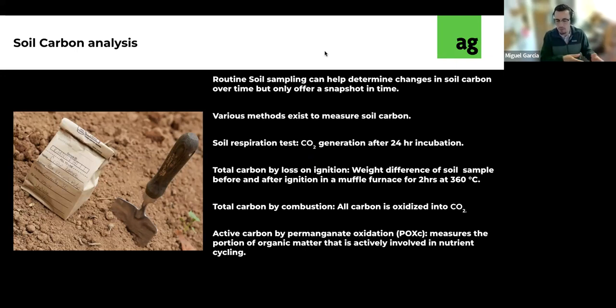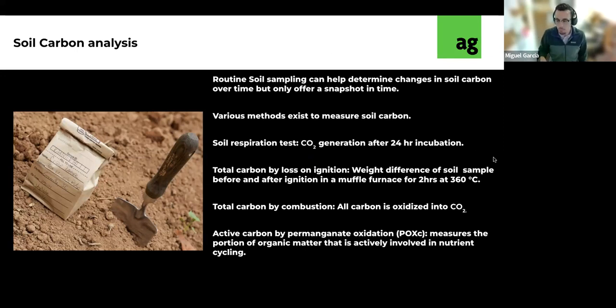So that's the carbon that stays in the soil for a longer period of time. And then we have the portion that the microbes can actually access. So this method would only tell you how much of that carbon is actually available to the microbes. And this is important to know because this will tell us the amount of energy available for microbes to access and for the microbes to be able to do their job.